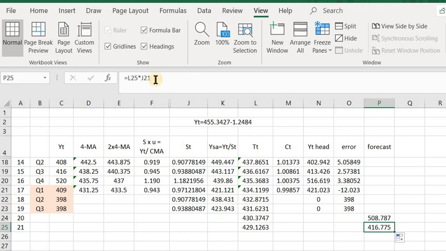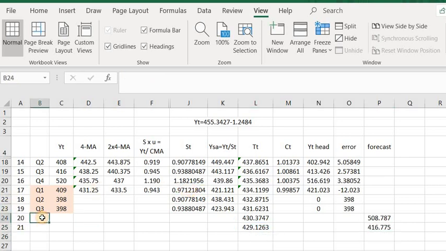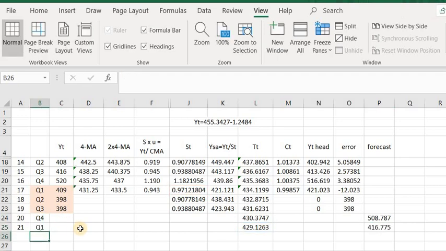Okay, so the next forecast is the 21st data, and it is in the first quarter, right? So we take the seasonality of the first quarter. So the quarters that we want to forecast should be quarter 4 and then quarter 1.